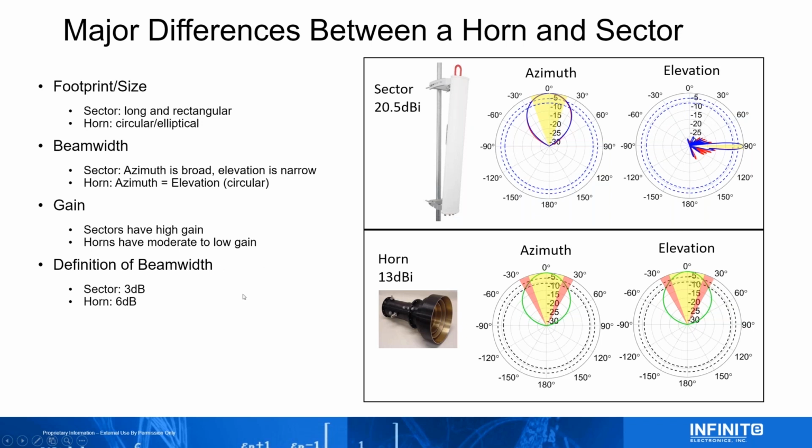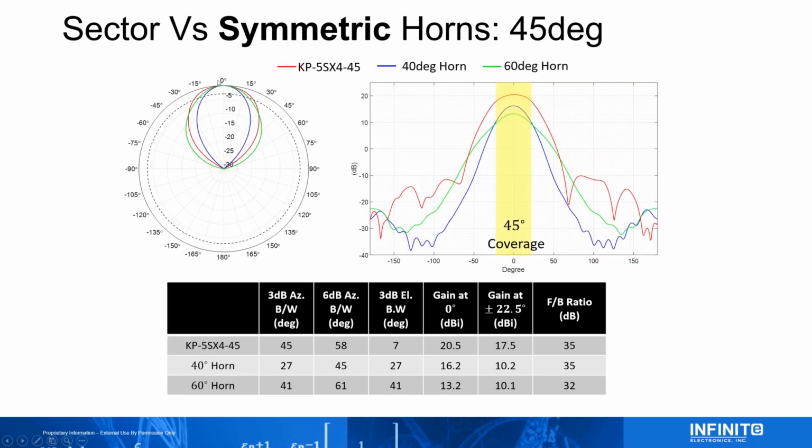So that's a very, very important caveat, and I'm just going to explain that a little bit more in the next slides. Here I'm comparing, we'll start with the symmetric horns, which have been in the market for many years. A lot of people know and love them, but the sector is still a very good comparison against them. So here we're comparing a 45-degree sector versus a 40-degree and a 60-degree horn.